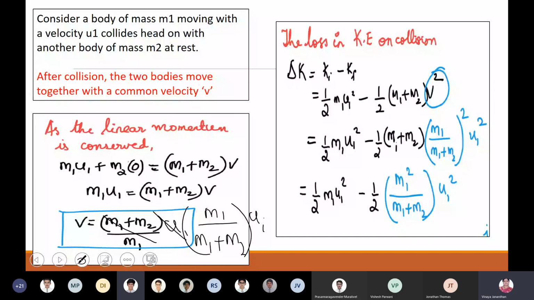Yes, ma'am. Now what you do is take the common factor. Half is common, m1 is common, u1 squared is common. Take the highlighted part outside the brackets.